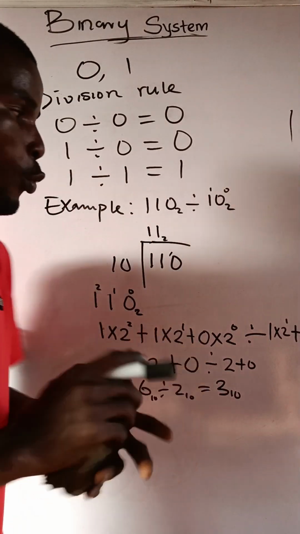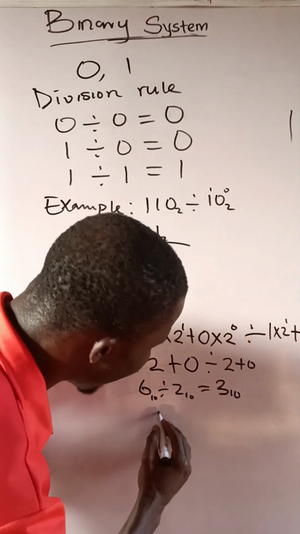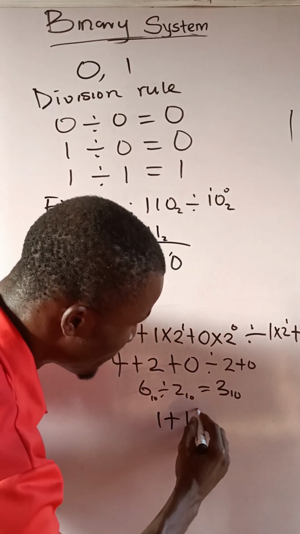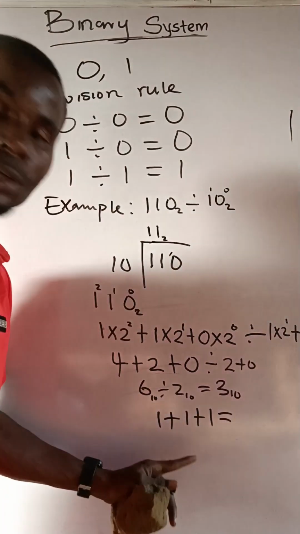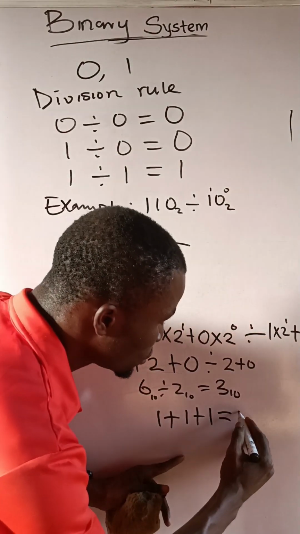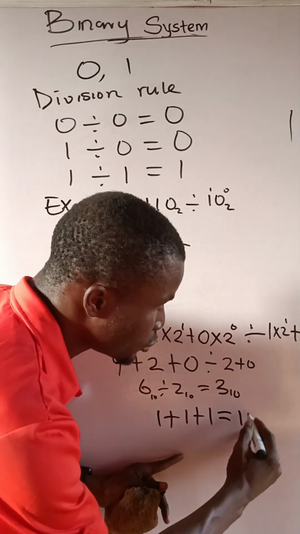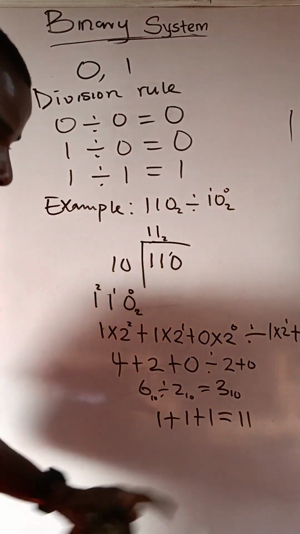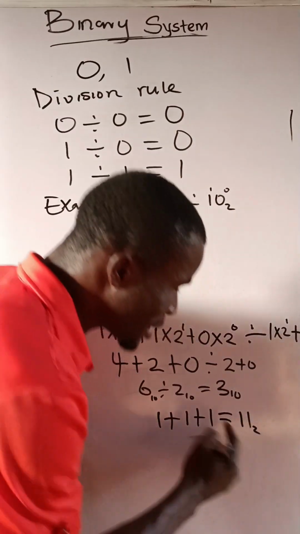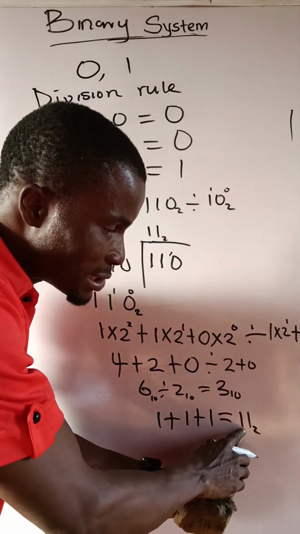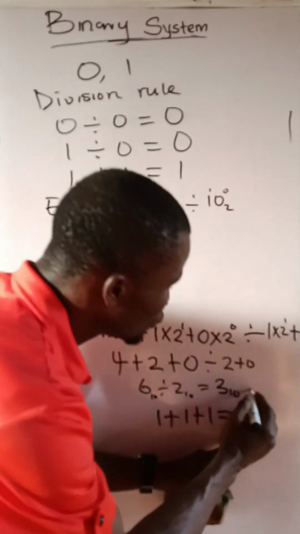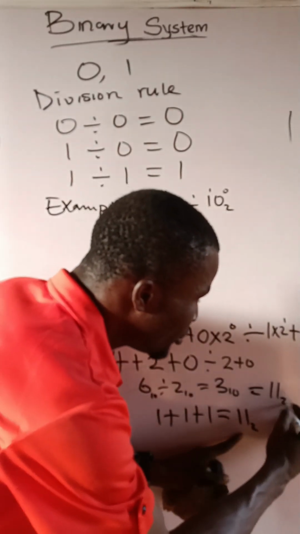Now don't forget our previous example in the addition rule. I told you 1 plus 1 plus 1 is equal to 11. That is in binary. So to convert this 3 to binary, it means 11 base 2.